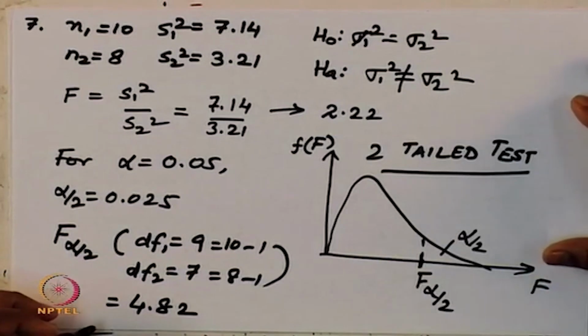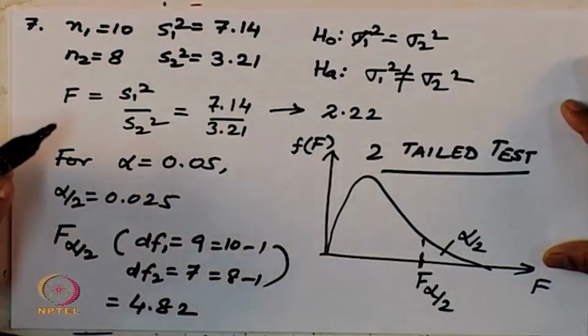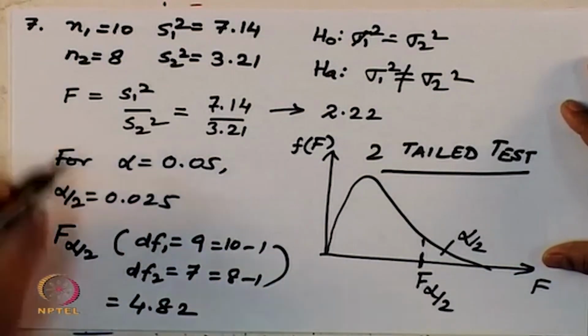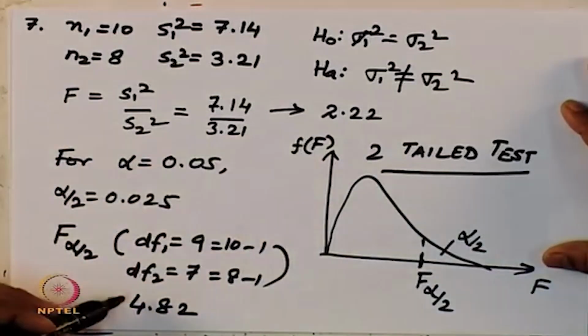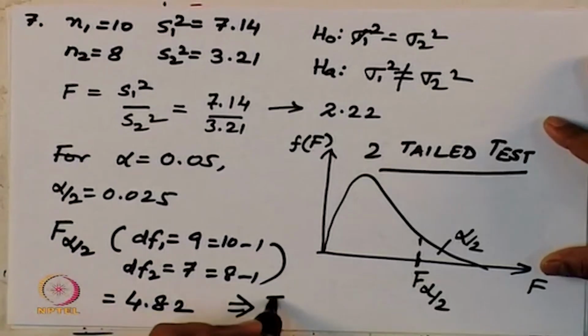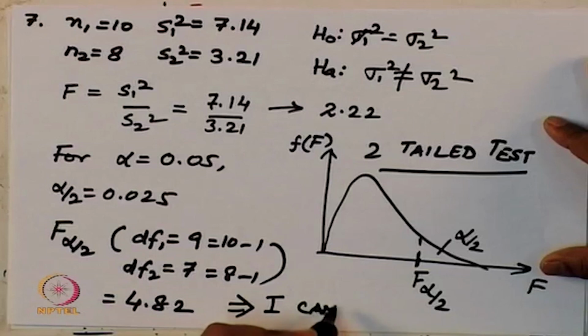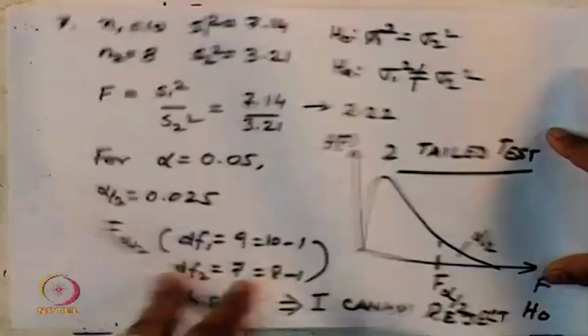I can reject my hypothesis if this value f calculated as 2.22 is greater than f of alpha by 2, but in this particular case 2.22 is less than 4.82. So, this means I cannot reject h naught.